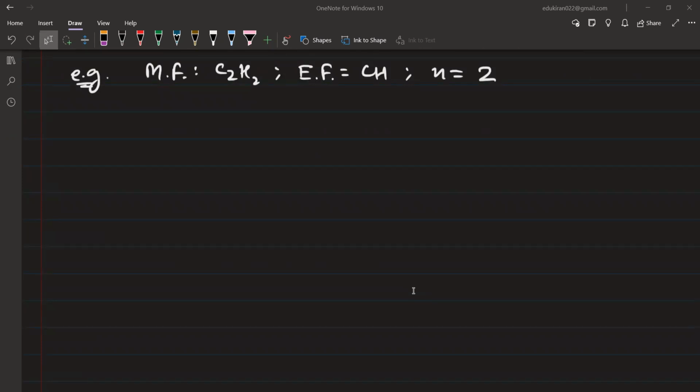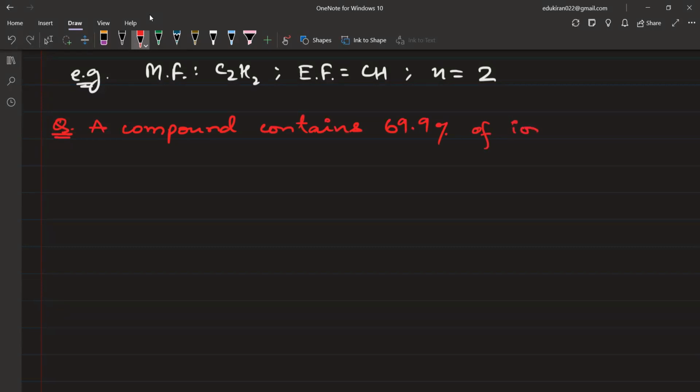Okay, let's go. So we will start with questions directly. Let us say that we have done some kind of analysis and we have found that, please write a question. We found that a compound contains 69.9% of iron and 30.1% of oxygen.